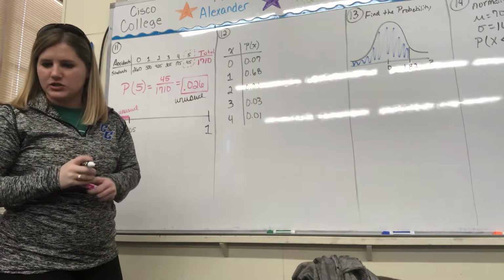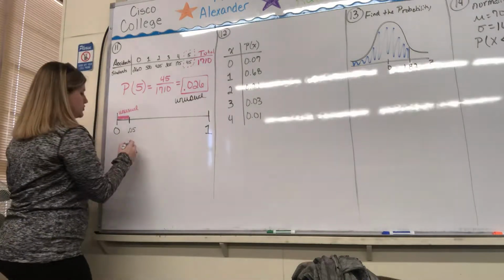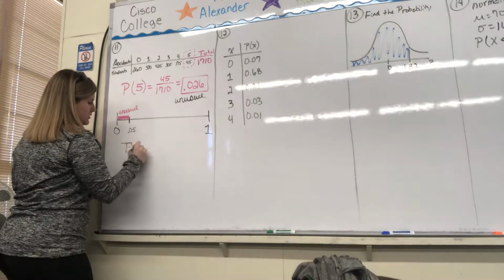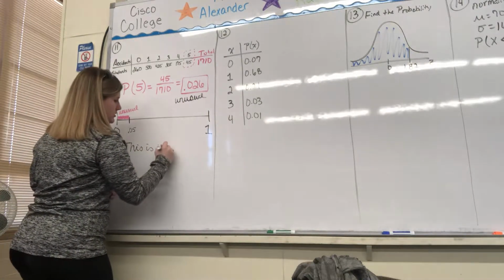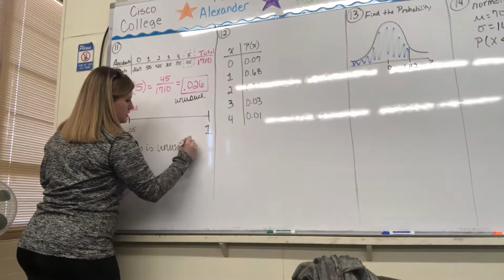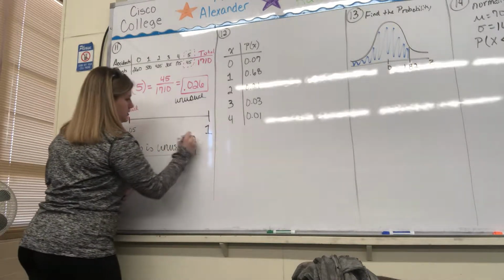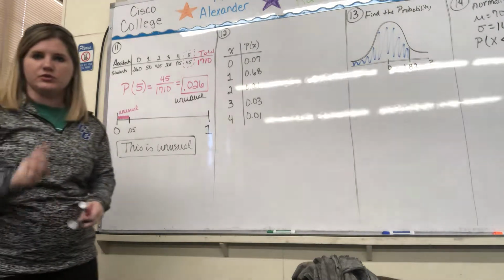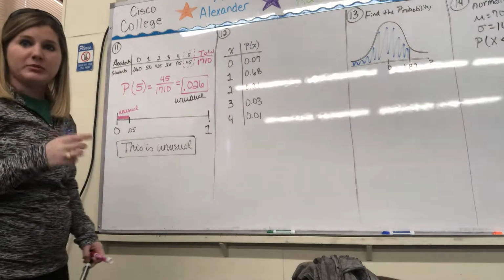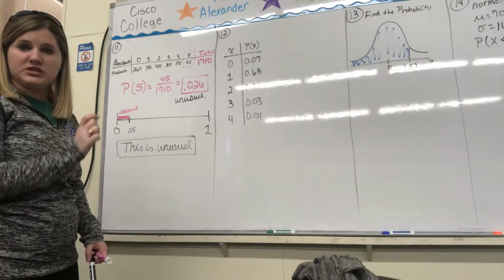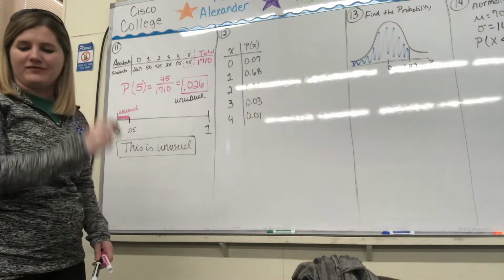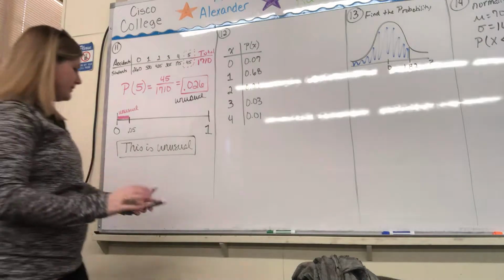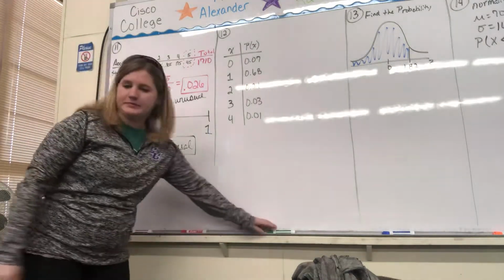So this answer would be, this is unusual. Again, for probability, the unusual area is from 0 to 0.05, not 0.5. My bad on that.